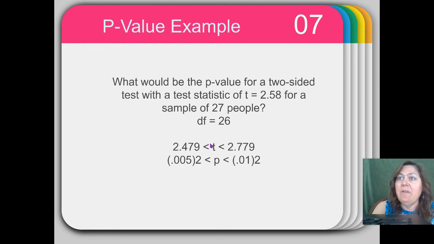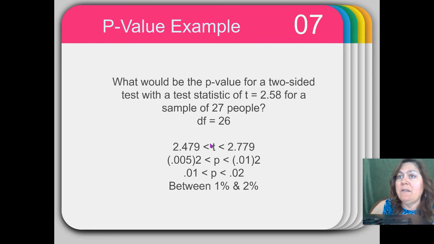And then you say, well, if I follow those two numbers up to the top, of course, it's reversed. We put the smallest one to the left, but I see that that takes me to between 0.005 and 0.01, but it's two-tailed, so I'll be multiplying those by 2. So I get a final p-value between 0.01 and 0.02, okay? Between 1% and 2%.